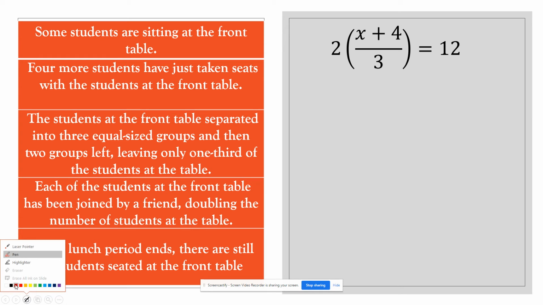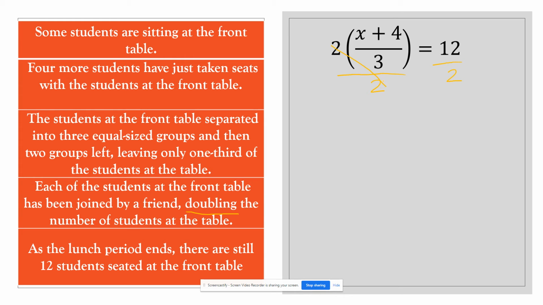So the first thing we want to do to solve here is we are going to undo the doubling, right? Everything was multiplied by 2. To undo that, we now need to divide everything by 2. That was one of the last things we did here, but it's actually going to be the first thing we do. 2 times anything divided by 2.